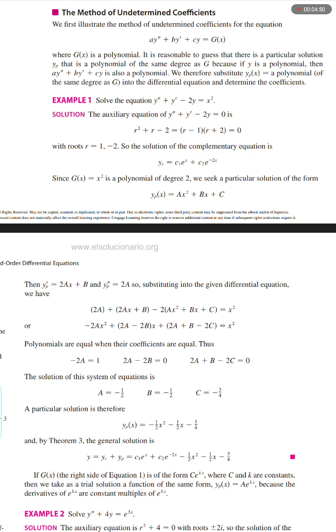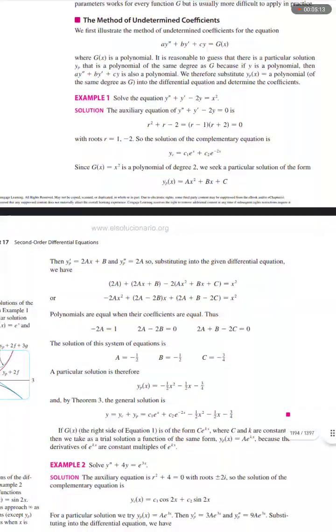The method of undetermined coefficients. We first illustrate the method of undetermined coefficients for the equation a y double prime plus b y prime plus c y equals G of x, where G of x is a polynomial.